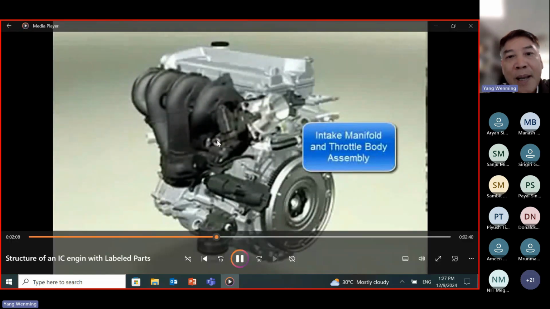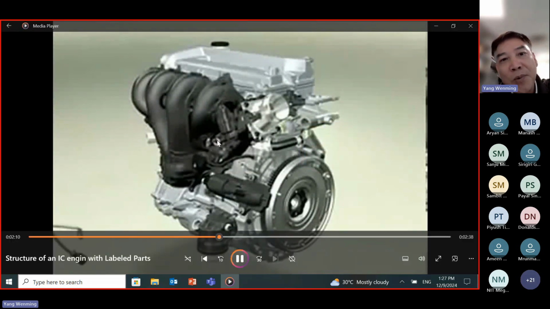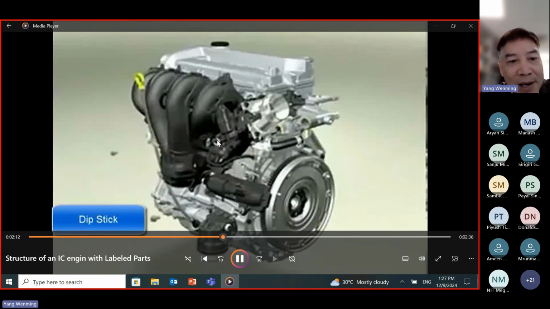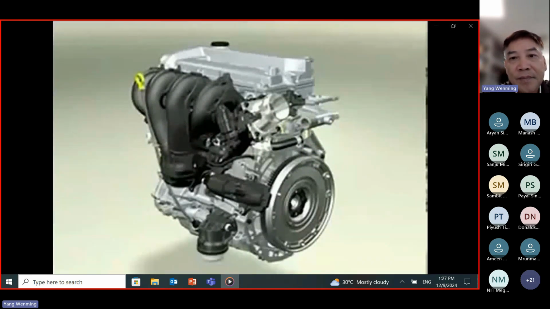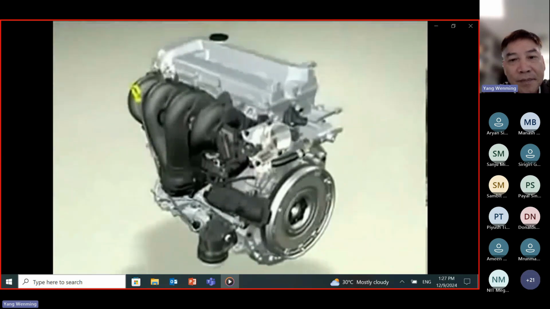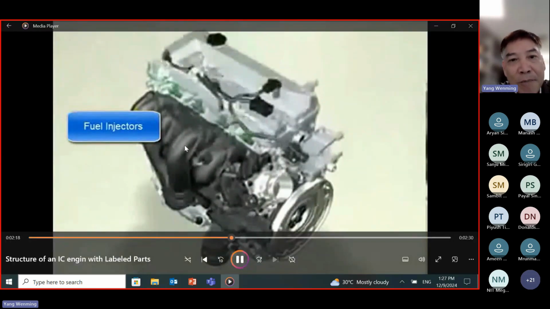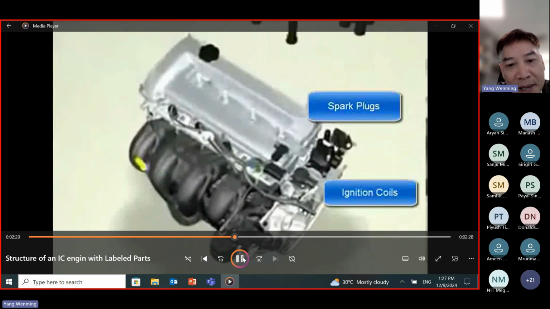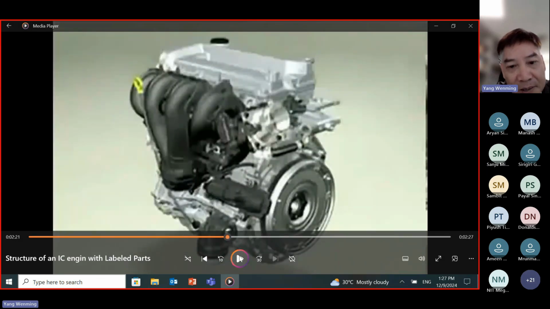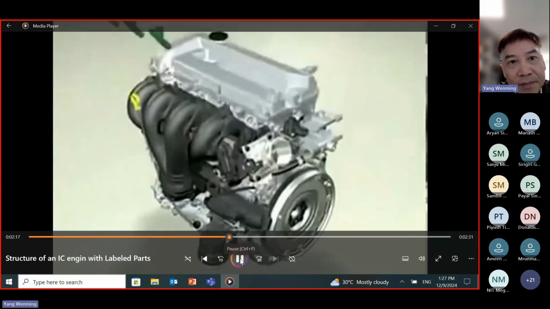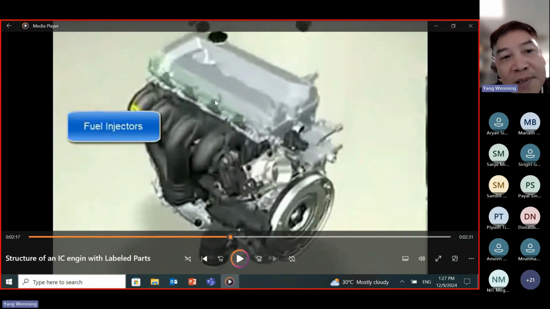This one is the intake manifold, used to draw fresh air into the engine. This one is the fuel injectors. These fuel injectors are installed close to the intake valve, correct?